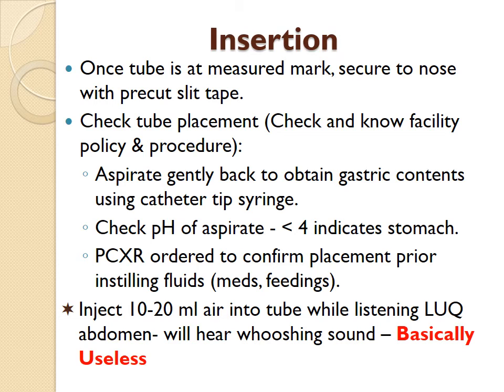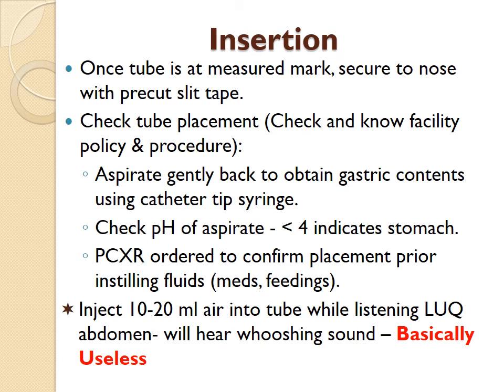But if you see any kind of thing like that, chances are you know that you're in the right place. The only guaranteed 100% confirmation is a portable chest x-ray. Almost every facility mandates that you must do a portable chest x-ray if you are instilling meds or tube feedings.